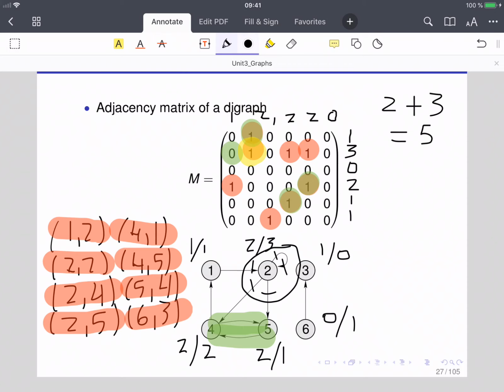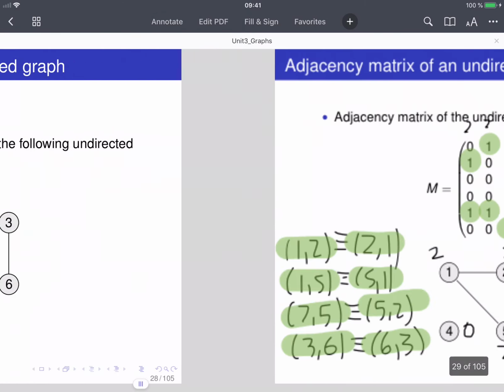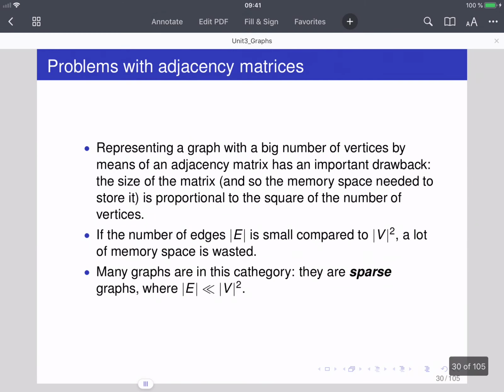The main inconvenience of this representation is that in general, the number of edges of a graph is not the total number of positions in the matrix. In general, we do not have as many edges as we can represent in the matrix.